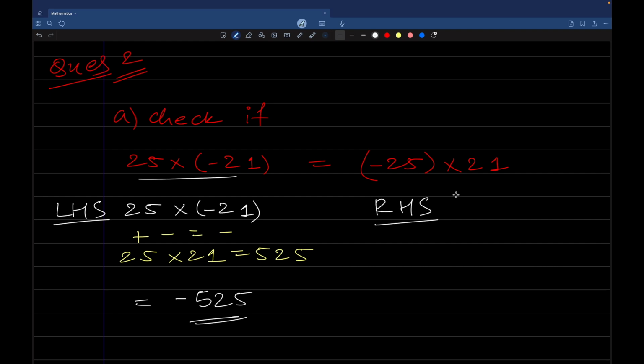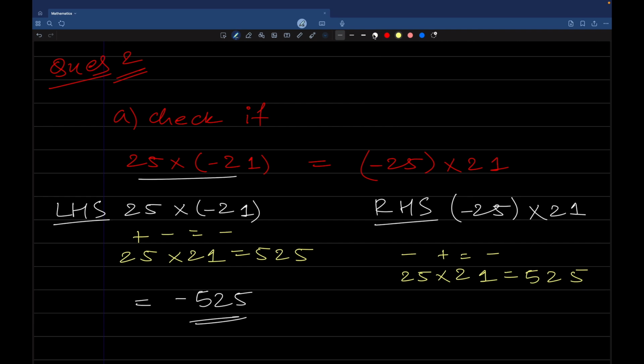Now RHS. We have one sign negative, one sign positive. So plus into minus is minus. 25 into 21 is 525.